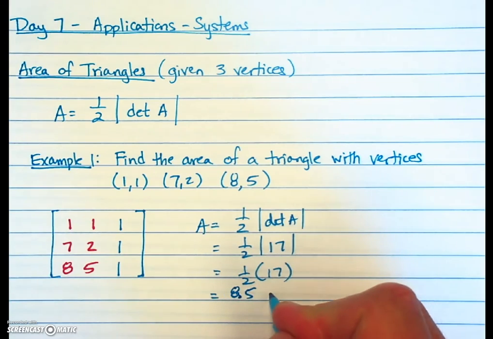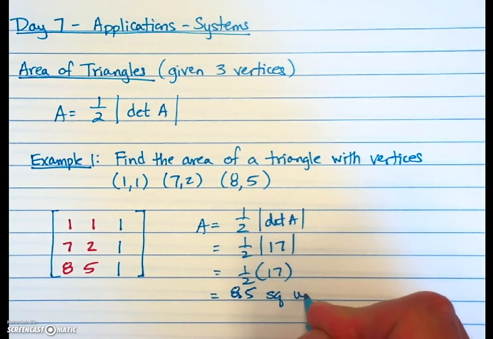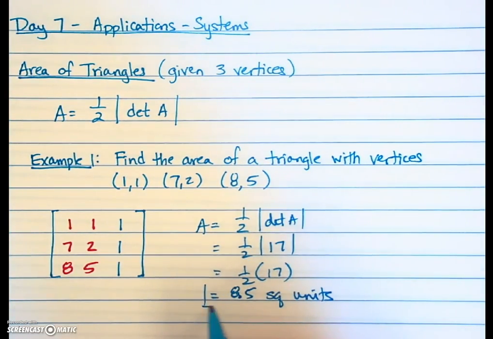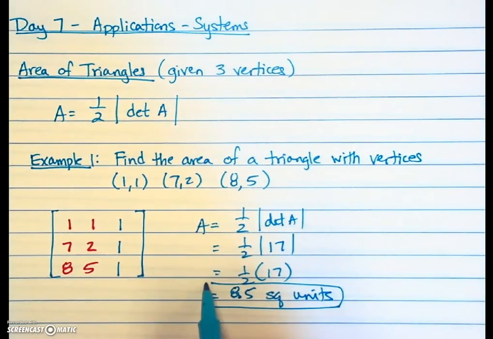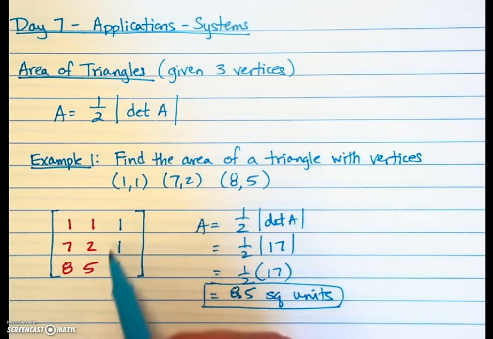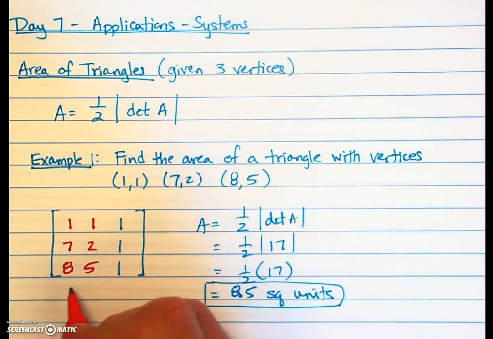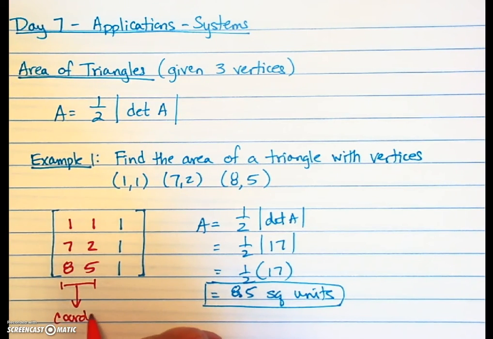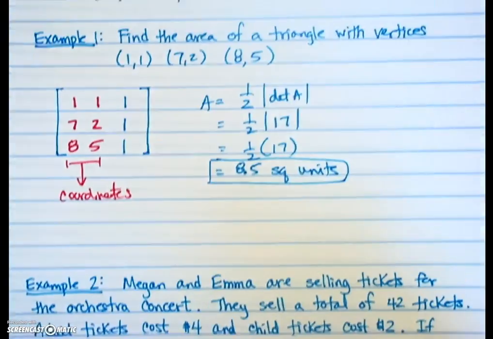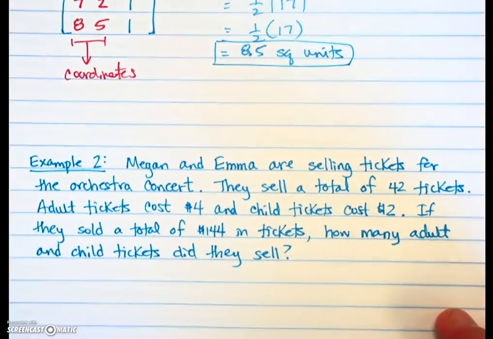And since we're talking about area, that would just be square units. All right, and that's the answer that we get here, for area given the vertices. And it's this column right here, the last column will always be ones, and then these first two columns here, those are the coordinates of your vertices.